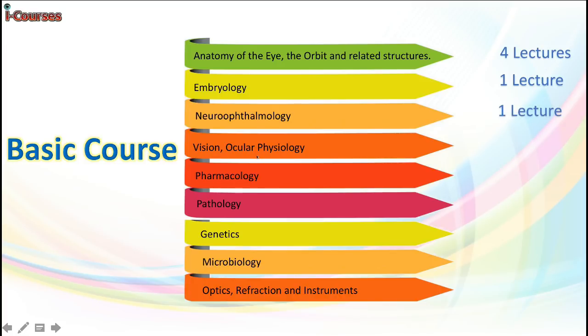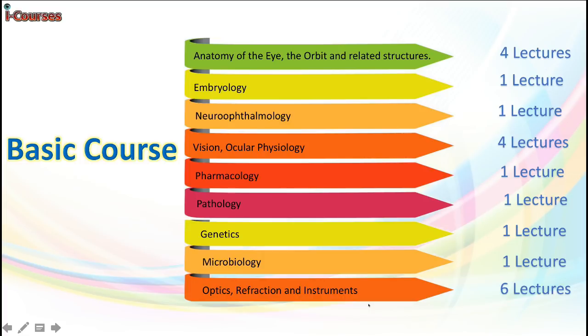Vision and Ocular Physiology 4 lectures. Pharmacology 1 lecture. Pathology 1 lecture. Genetics 1 lecture, Microbiology 1 lecture, Optics, Refraction and Instruments for 6 lectures. This is a total of 20 lectures that is being covered or explained over a period of about 2.5 months.